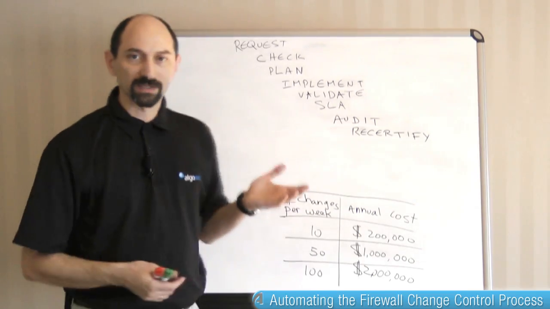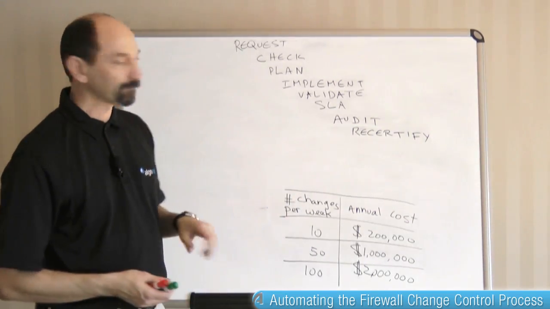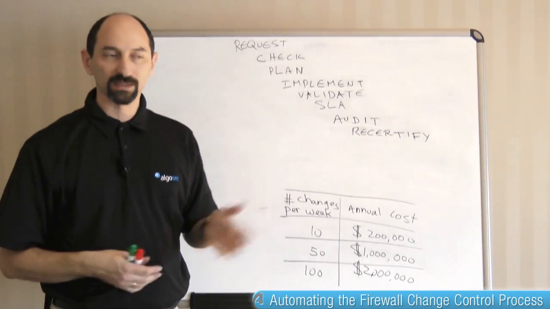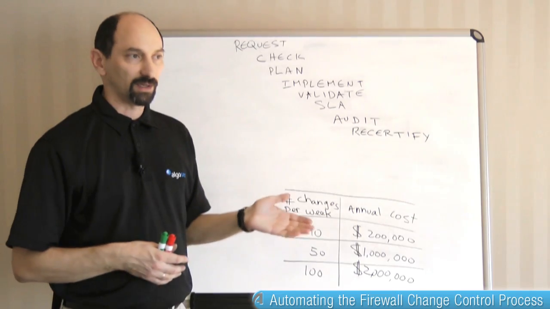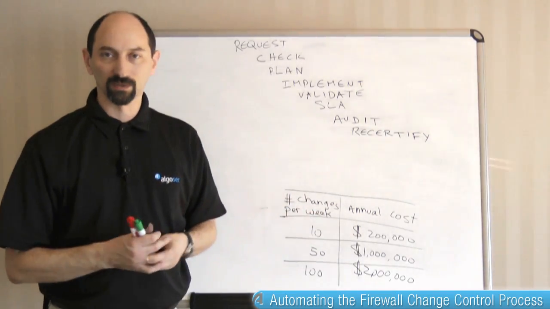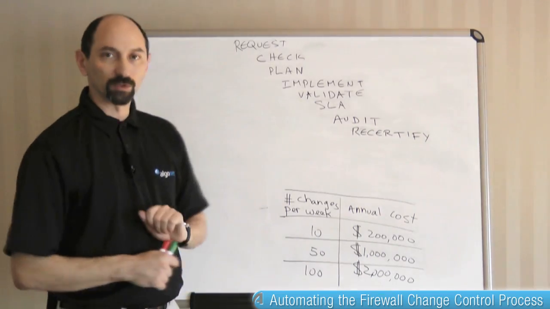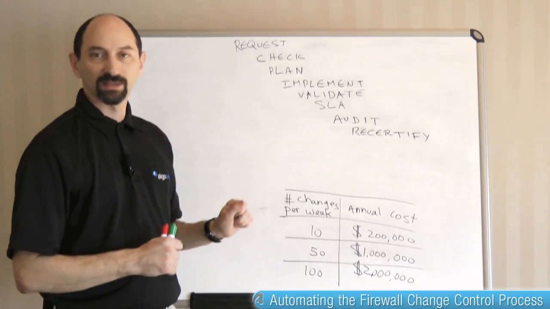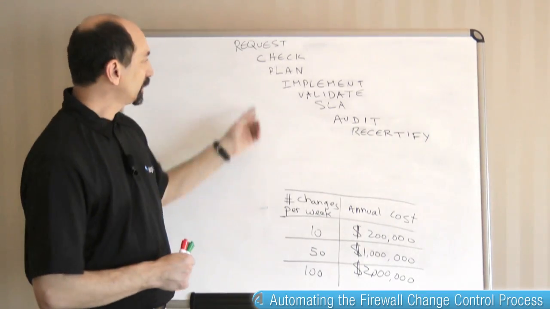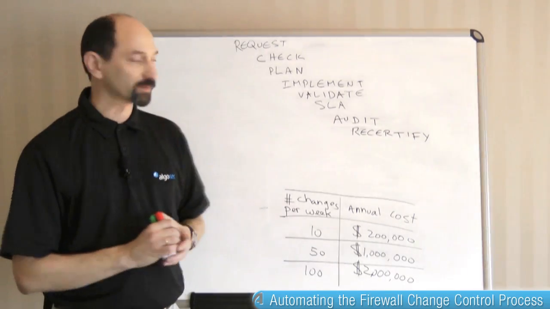A typical process includes the following steps. Once a request is made, you need to check whether that request is valid and whether it is in line with corporate policies, or maybe it's going to violate some requirement. Once you've checked it, you need to plan, identifying which devices you have to touch and how to do that. Then you need to implement the change using the firewall vendor's native management systems.